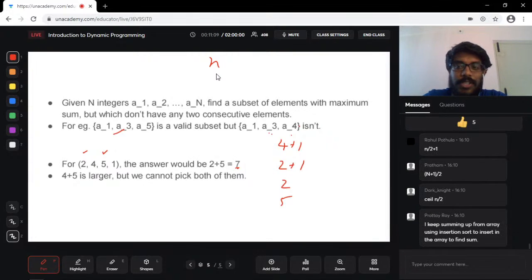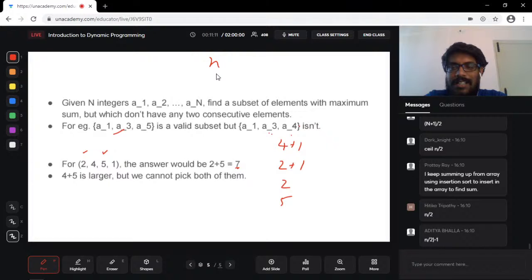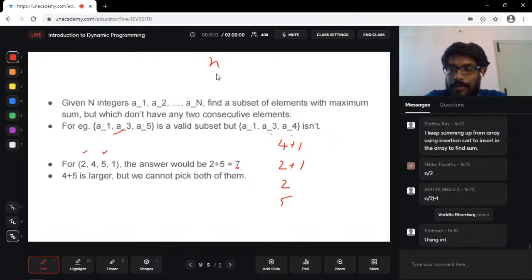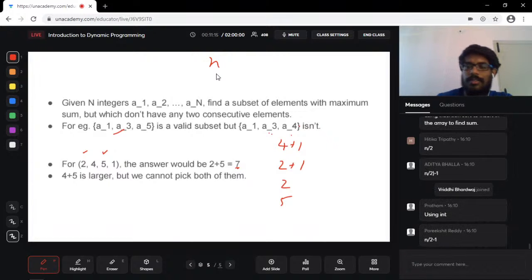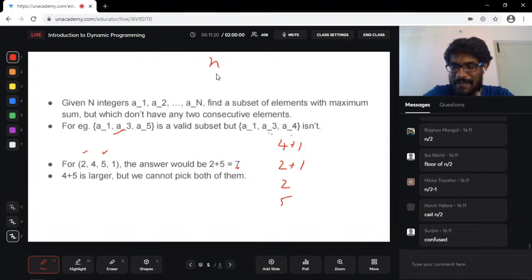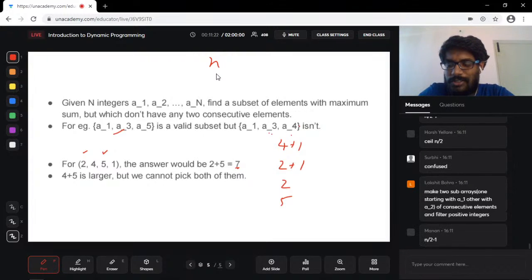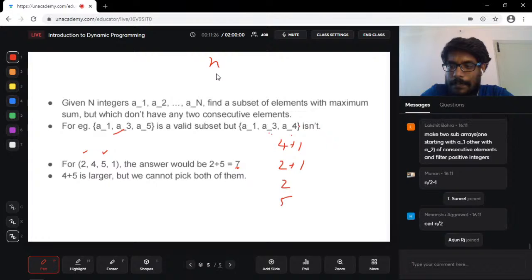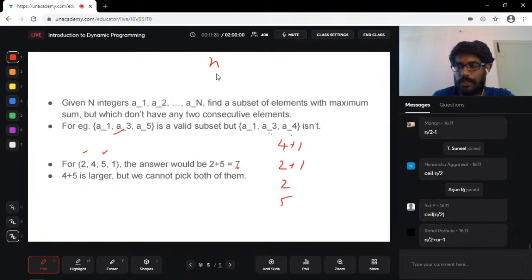It's not even n by 2 plus 1. Okay, yeah. So Dark Knight has gotten it perfectly right. Okay, all of you are very near the answer, but it's not exactly right. Okay, Sai also has an interesting thing, but it's slightly wrong. Just think about it a bit more. Yes, Himanshu has gotten it correct. Sidra.